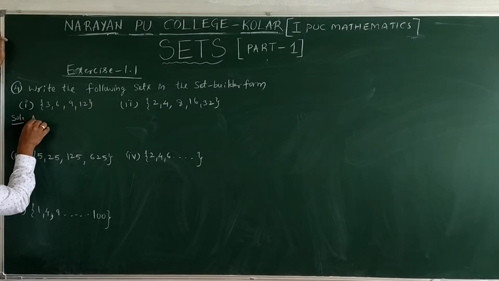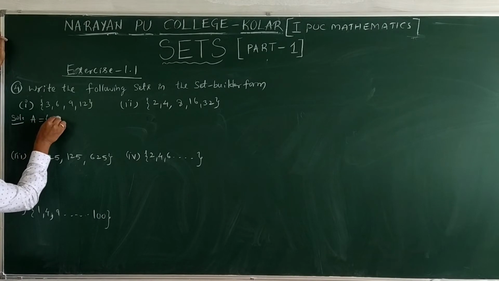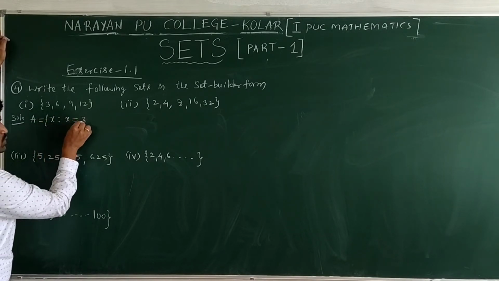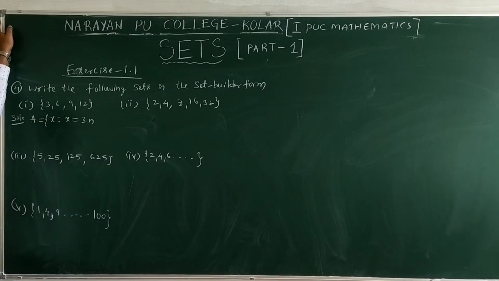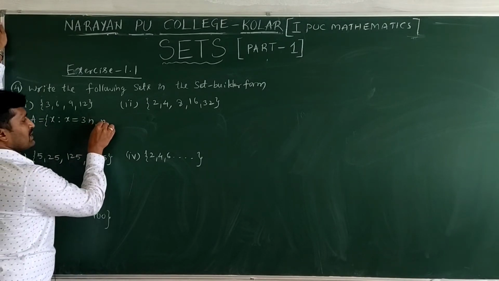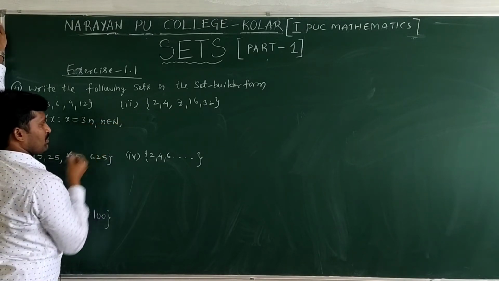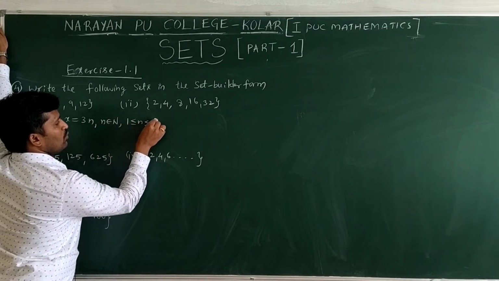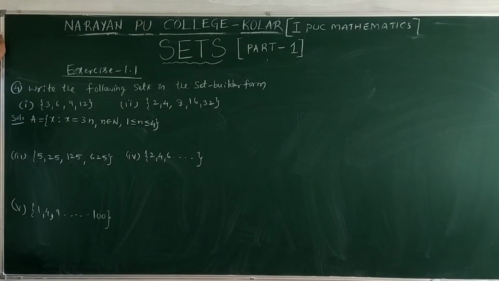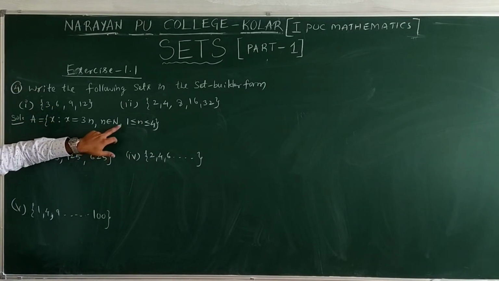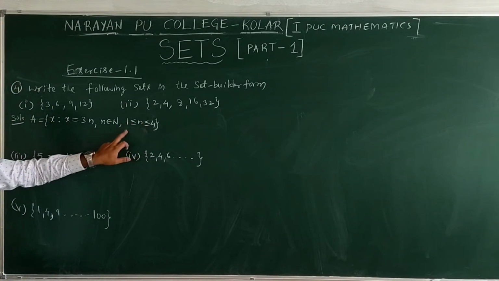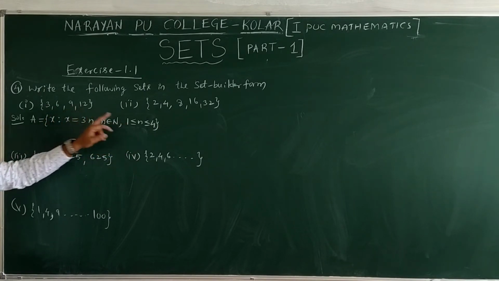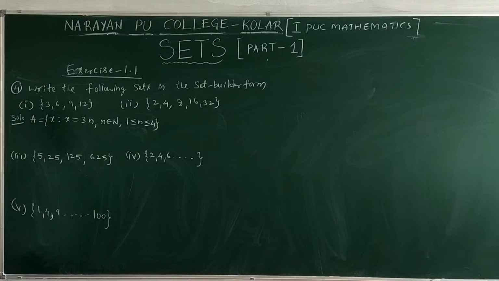So I take this as set A. Set of elements X such that X is equal to 3n, where n belongs to natural numbers and n is lying between 1 to 4 only. Natural number compulsory, and n is from where to where? 1 to 4 only. 1 substitute gives 3, 2 gives 6, 3 gives 9, 4 gives 12.